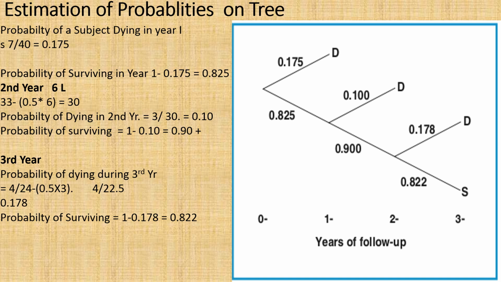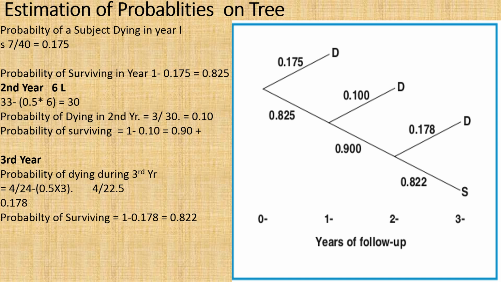These are the censored group I'm calculating. So the total number of individuals would be 30, and 3 divided by 30 would provide me the probability of an individual dying in the second year. This is written over here as well on the slides to make you more comfortable. And the probability of surviving is again mentioned as 1 minus this, and similarly I have calculated the probability for the third year.